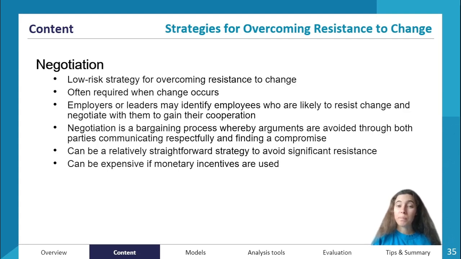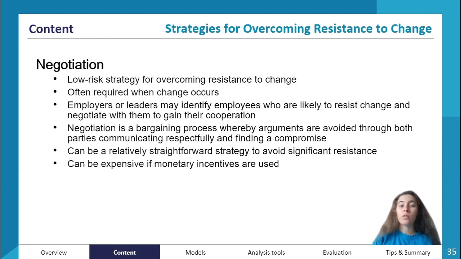That's a great start, but they may want to negotiate to make it a little bit more aligned with what they think is best. So this negotiation process could involve employers or leaders in an organization identifying any employees who are likely to resist change, or who have expressed their resistance to change outright.